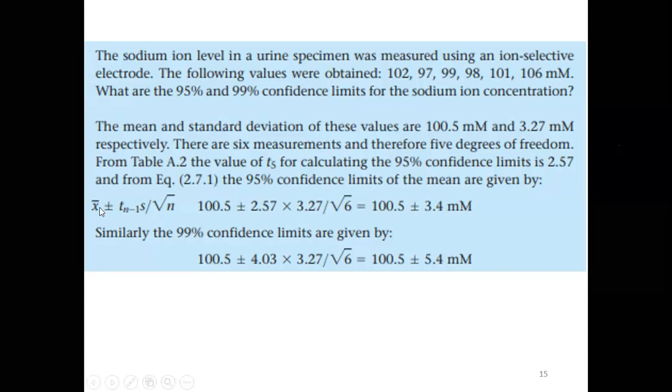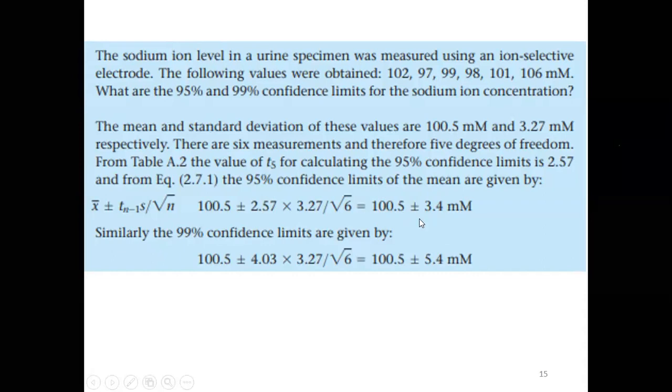Then we substitute x bar, the mean value, and multiply the T value by the standard deviation, and take the square root of n, where n equals 6. When you solve this, the 95% confidence limit will be 100.5 plus or minus 3.4. That is the confidence limit.